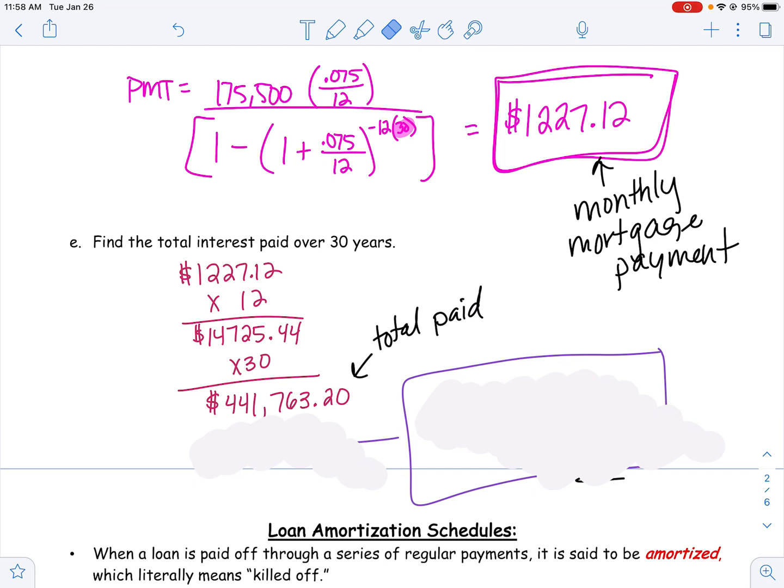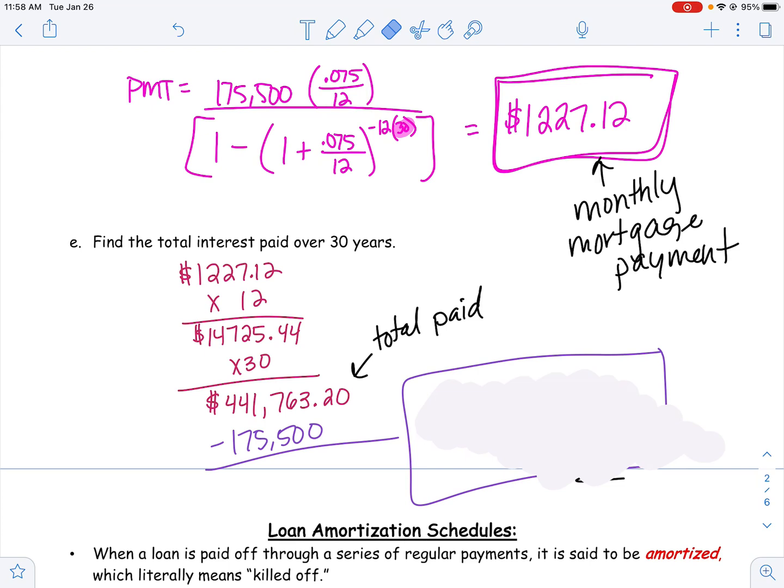If I make that payment every single month for 30 years, at the end of those 30 years, I'm going to end up paying $441,763.20. That's the total amount that I gave to my bank. Now remember, the amount of the home or mortgage was $175,500. So if I take that off, then the rest of it, the difference, is how much I actually paid in interest just to the bank.